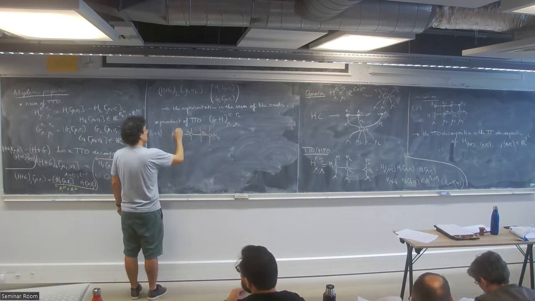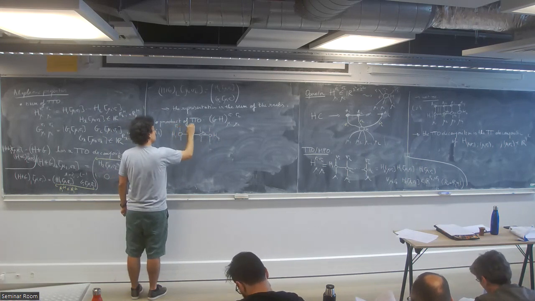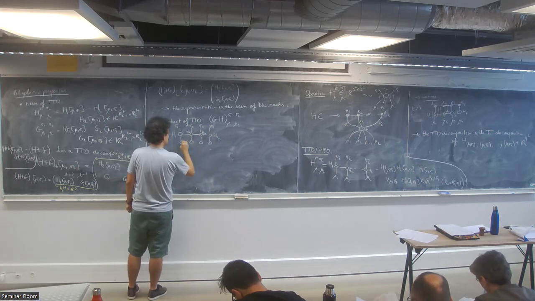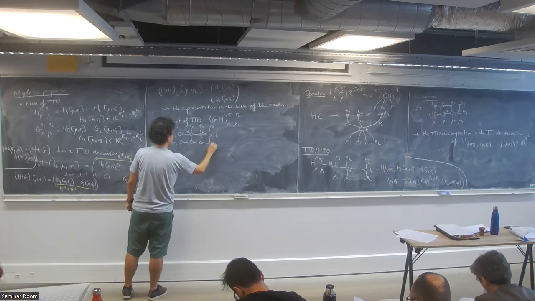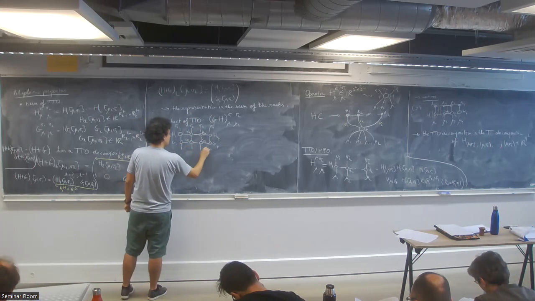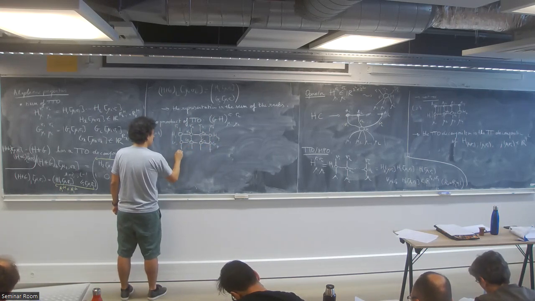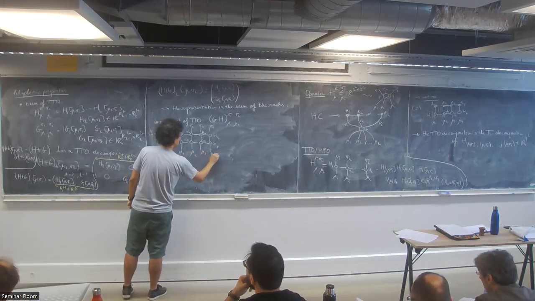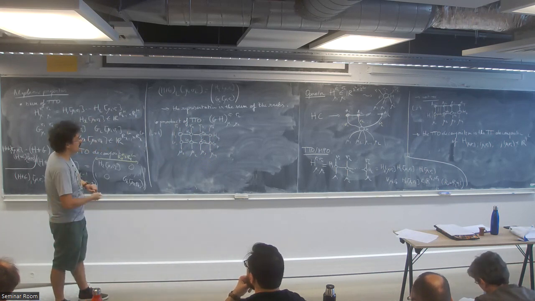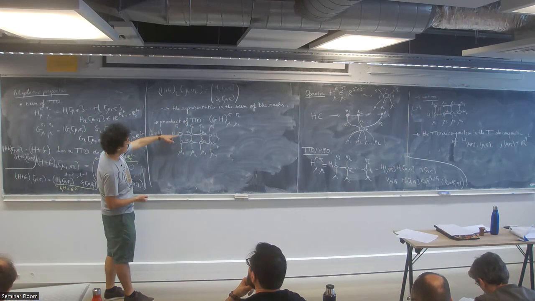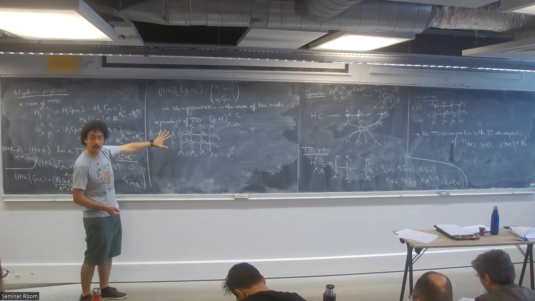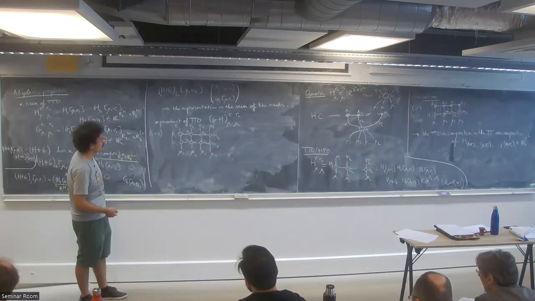Okay. So this will be my H, and this will be my G. In the graphical representation, 1, 2, 3, 4, I just sum over the shared index here, here, here, and here. So this is the graphical representation of my matrix product.